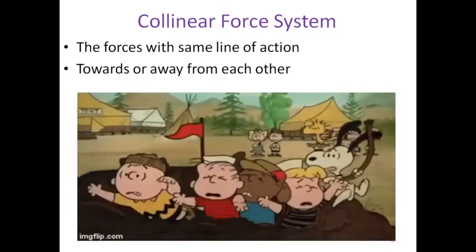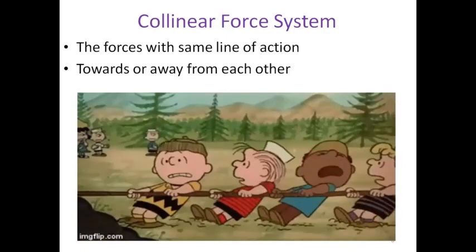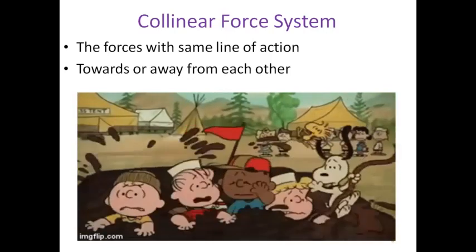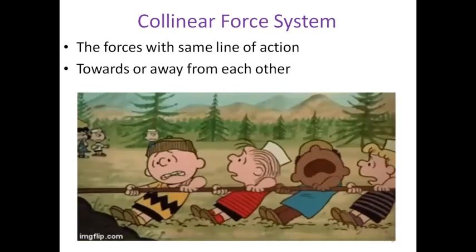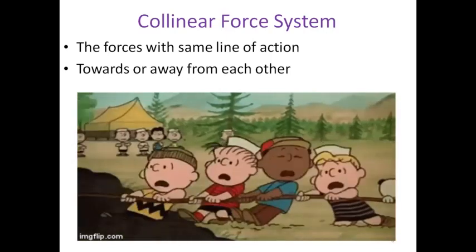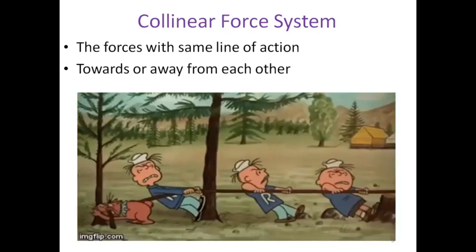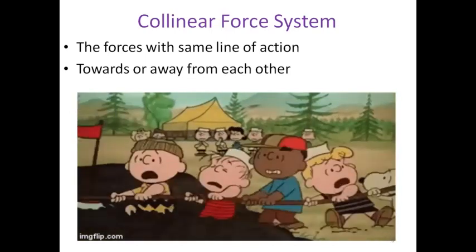You can observe in this example, this is a tug of war, in which there are three boys on the left side and four on the right side. These two groups are pulling the rope in opposite directions. म्हणजे फोर्सची डिरेक्शन कशी आहे? Opposite to each other.